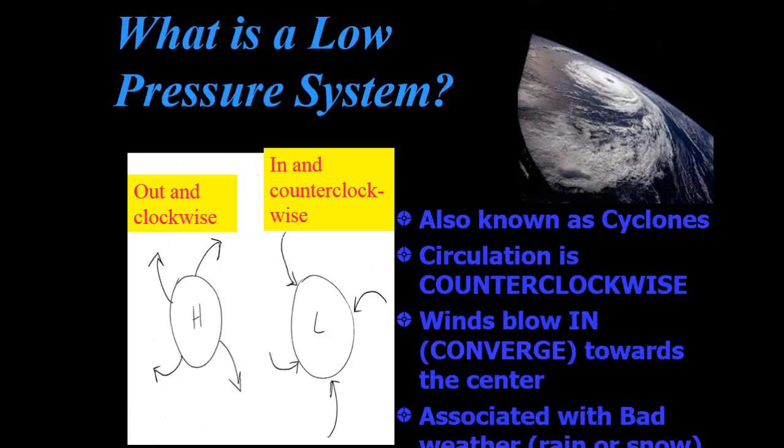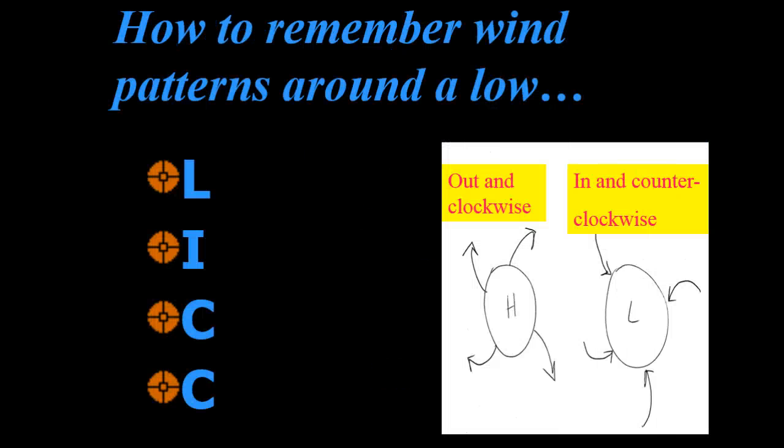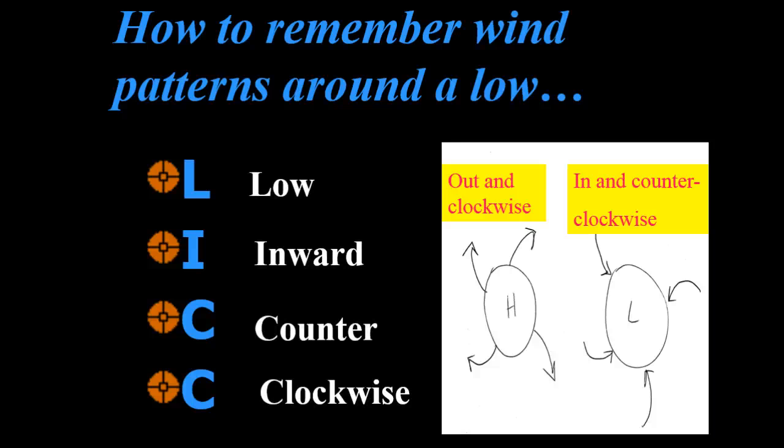They're associated with lousy weather, rain or snow. So think low, snow, or lousy; high, dry. You're going to remember wind patterns with the acronym LICC: low pressure, inward winds, counterclockwise motion.